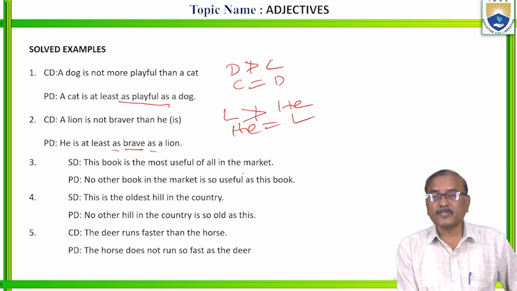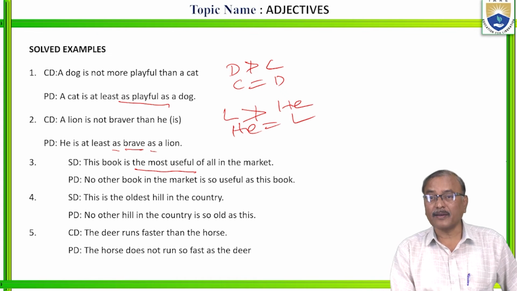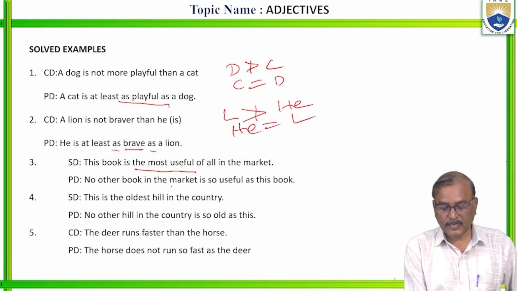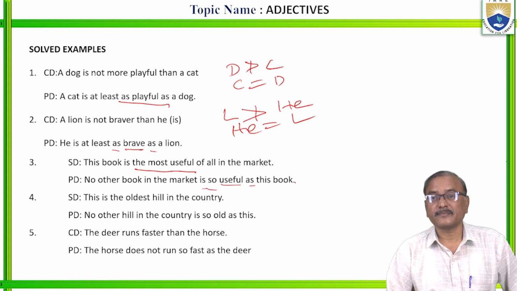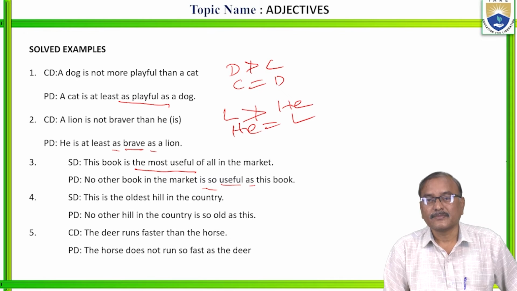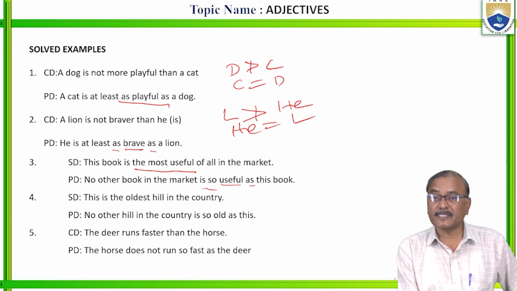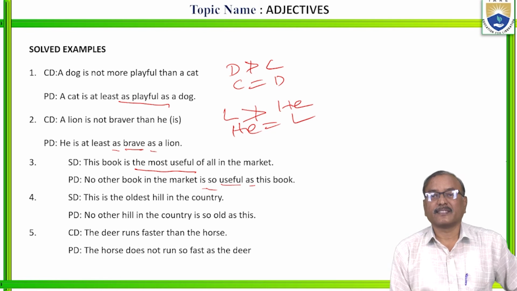This book is the most useful of all in the market. Most useful of all means no other book is equal to this. No other book in the market is so useful as this. Clear now? It is not one of the most useful. It is the most useful of all, which means no other book is equal to this.